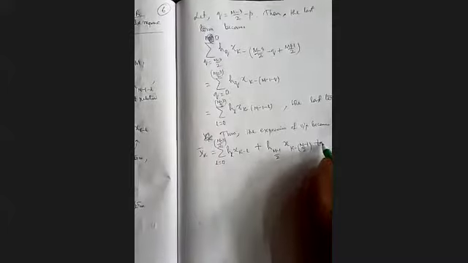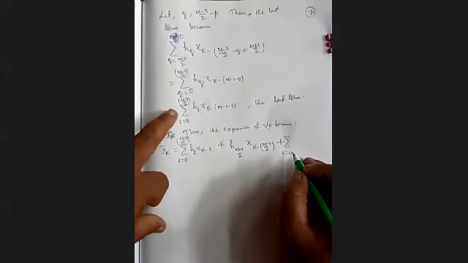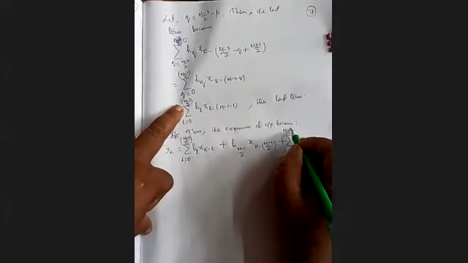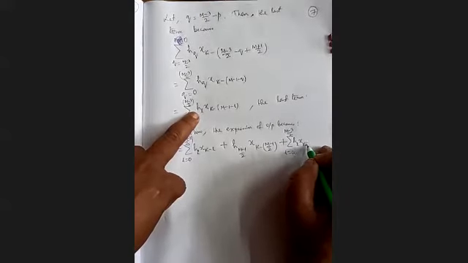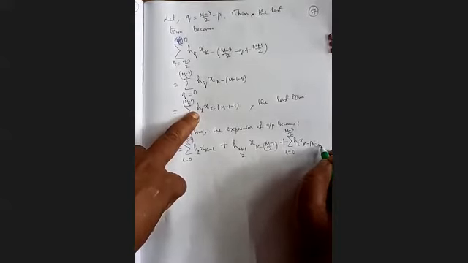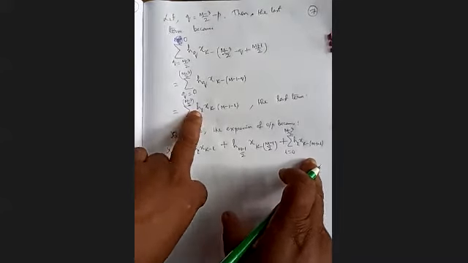Okay, plus now this term we are writing, summation L is 0 to M minus 3 by 2 HL x k minus M minus 1 minus L. This term we are writing.